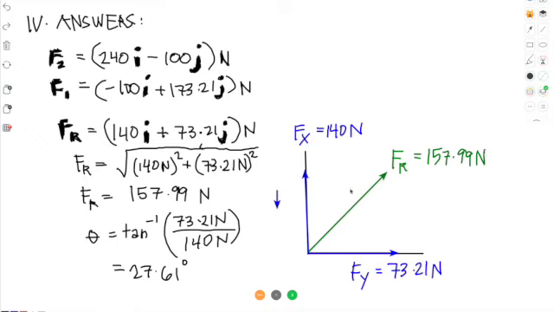And the angle we are looking for is this one. Oh sorry, this is actually Fy, and this is Fx.